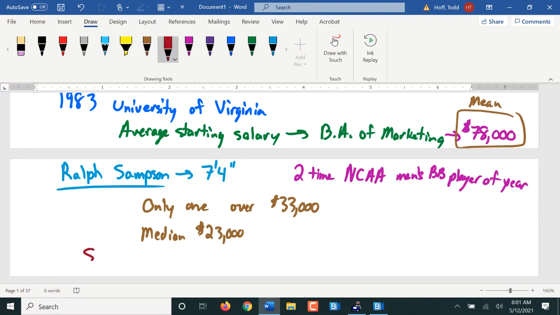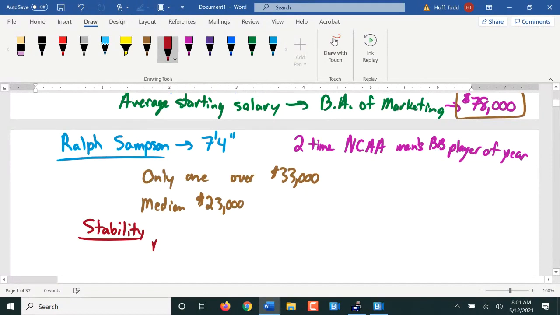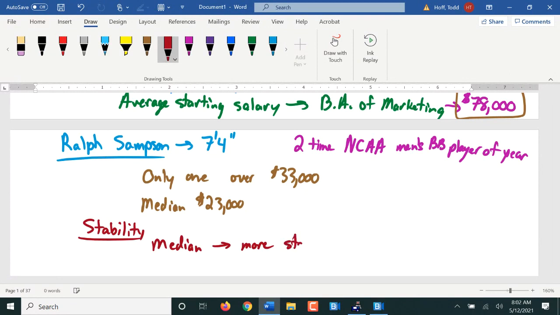The term is stability. Median is more stable. Mean can be greatly affected, greatly changed by extreme values.